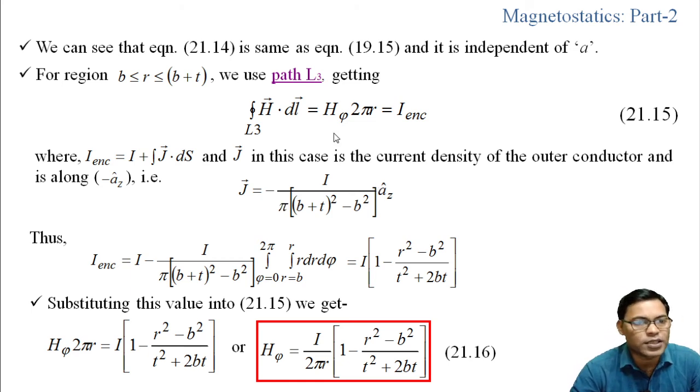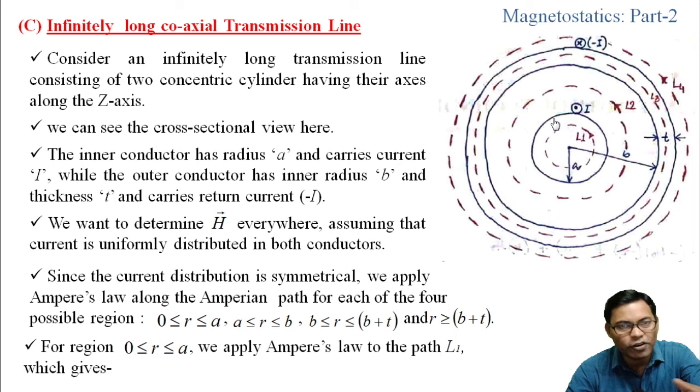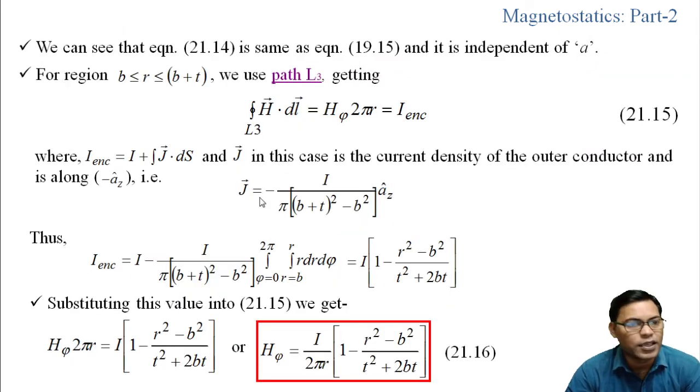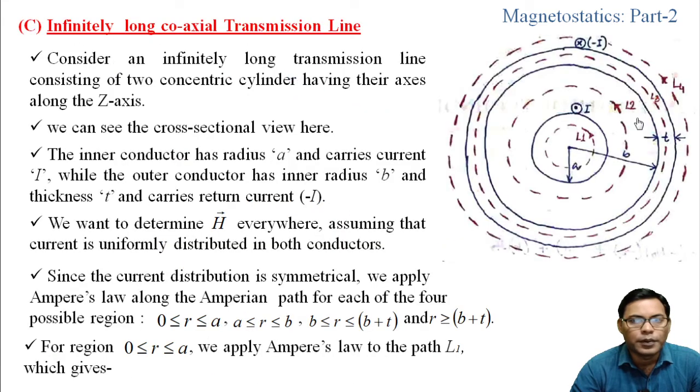Again you can see that the current I is moving into the page, and in the case of the inner conductor it is coming out, so it is minus I. So minus I divided by the area we need to consider, pi times (b plus t) squared minus b squared. Here b plus t is the total length, so (b plus t) squared minus b squared.